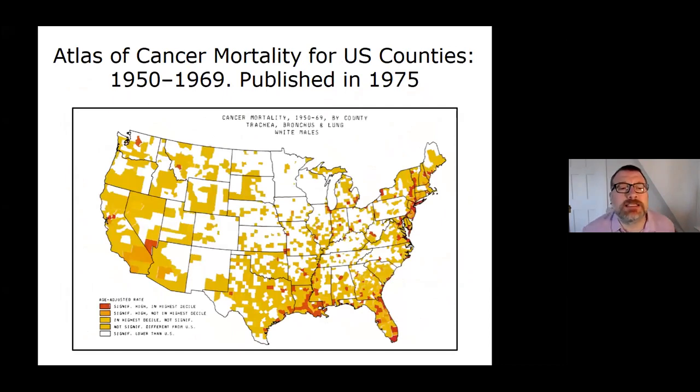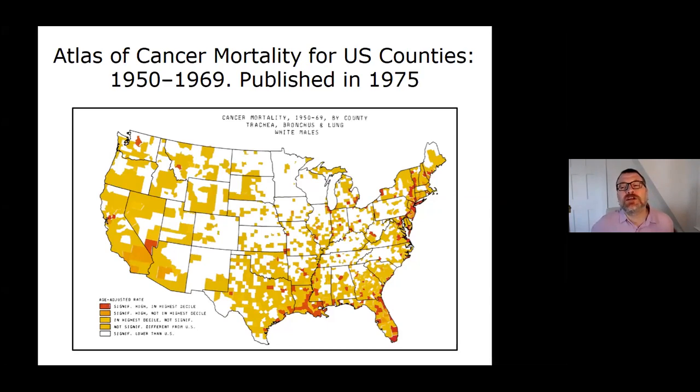Another classic is the NCI Cancer Atlases, published first in 1975. The 75 publication looked at county level mortality from cancer from 1950 to 1969. And it was really the process of creating these maps that generated a lot of the seminal thinking on how to use color to depict risk, how to display maps in a way that conveyed information about disease processes, disease prevalence.